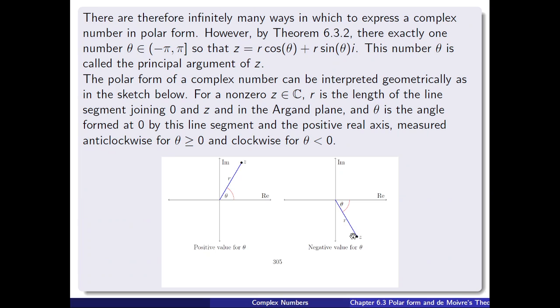So that means that there are infinitely many ways in which to express a complex number in polar form. However, by theorem 6.3.2, there is exactly one theta which is between minus pi and pi, such that this happens, right? And this special theta, which is between minus pi and pi, is what we call the principal argument of z, right?